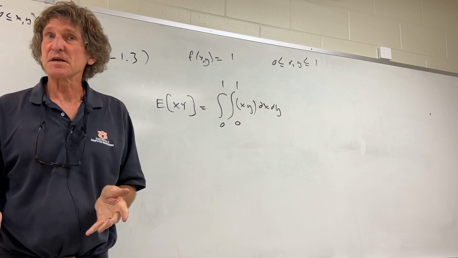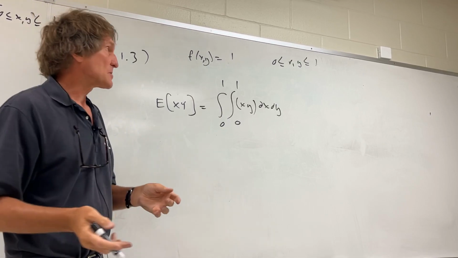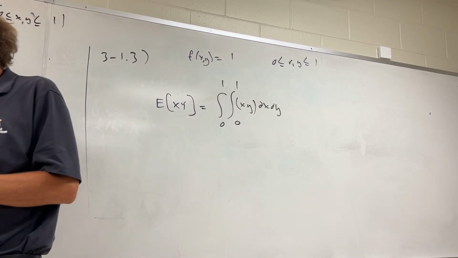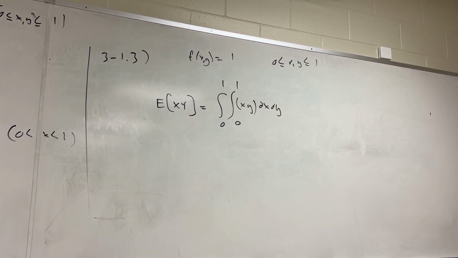But you can see this can get pretty complicated. First of all, this functional form here, suppose you have e to the minus 3x times y squared. Now you're going to have to do those integrals, and it gets a little more time consuming.